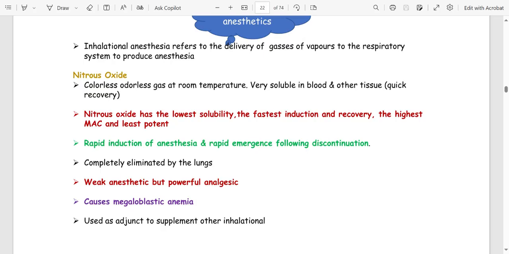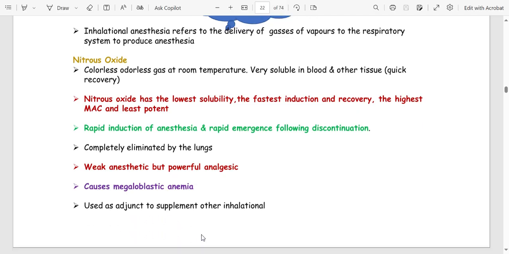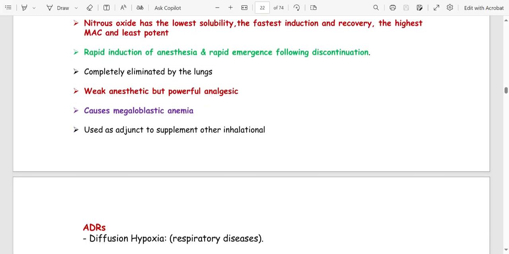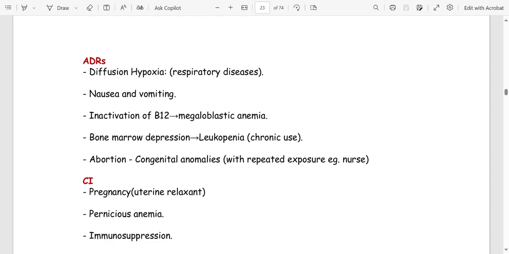So there's also weak anesthetic but powerful analgesia. It is a weak anesthetic drug. Remember, it's the least potent, but it's a powerful analgesic. It stops pain, and the problem is it can cause megaloblastic anemia. So it is used as an adjunct to supplement other inhalationals. So you are just adding on top. Remember that it has got the highest MAC. Okay, we'll discuss what MAC is.